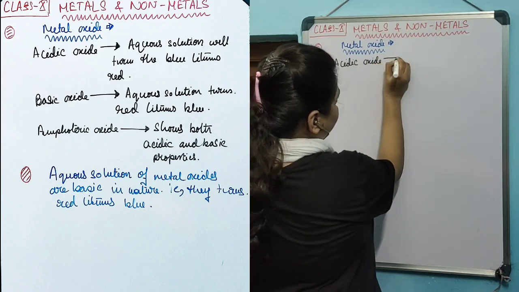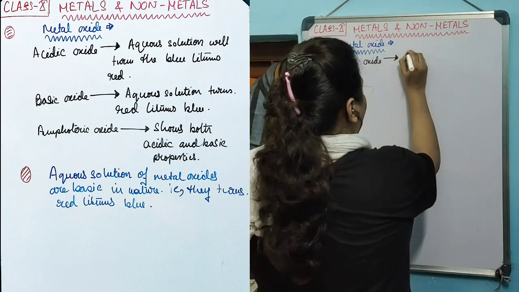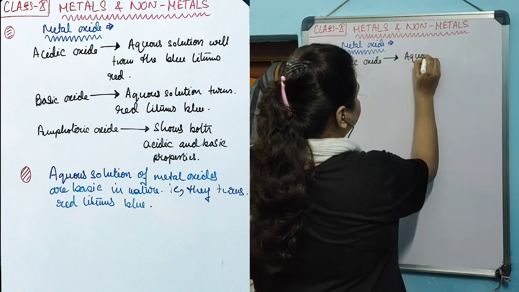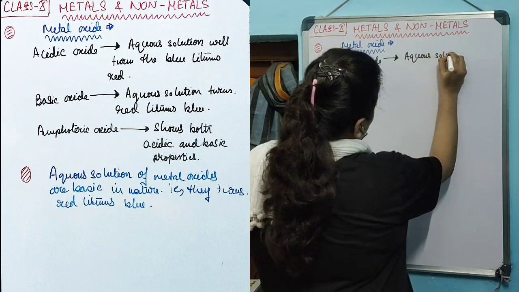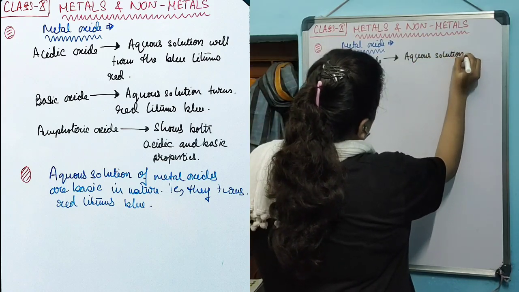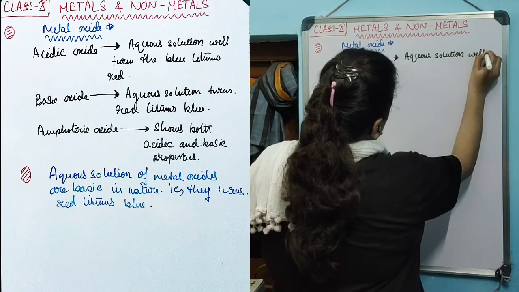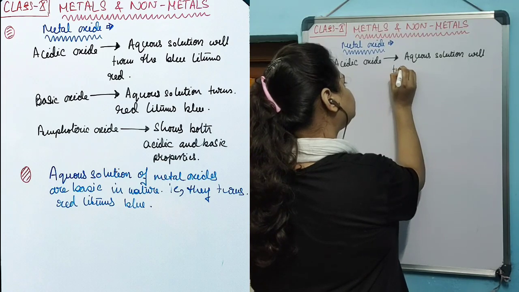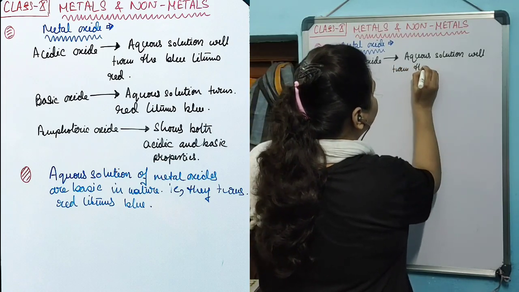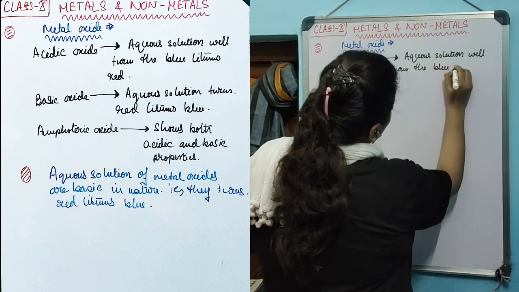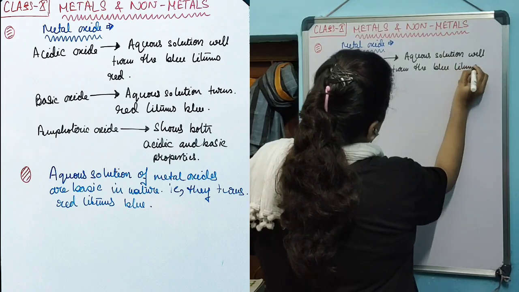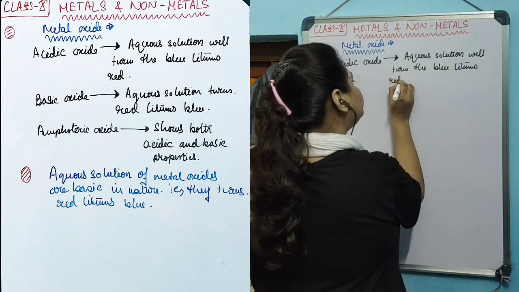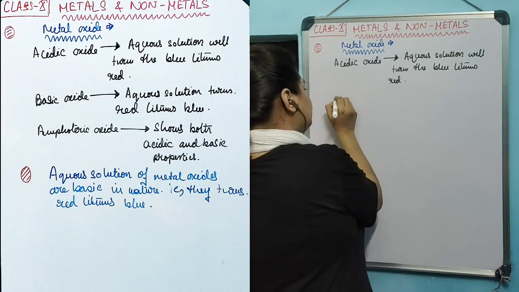Acidic oxides are those oxides whose aqueous solution will turn blue litmus paper red.